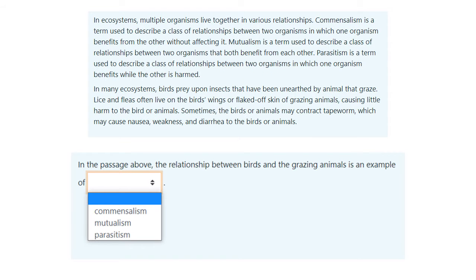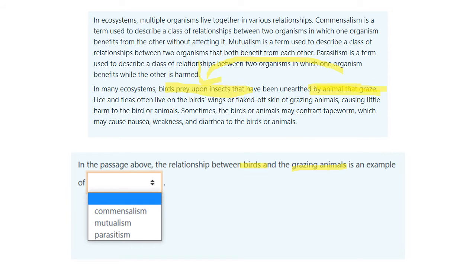In the passage above, the relationship between birds and the grazing animals is an example of what? Well, in many ecosystems, birds prey on insects that have been unearthed by animals that graze. Okay, so the animal grazing benefits the bird. When the animal is grazing, the bird is able to get food.